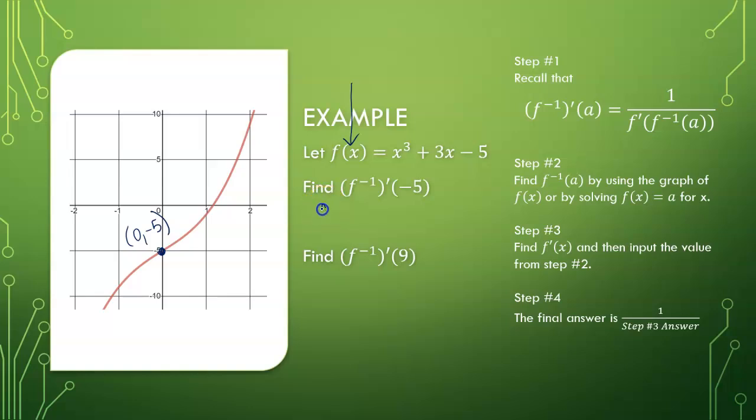So then I'm going to find f prime at 0. Not -5, but 0, because I know that f inverse prime at -5 is going to be 1 over f prime at 0. So that means the slope of the inverse at -5 is going to be 1/3.